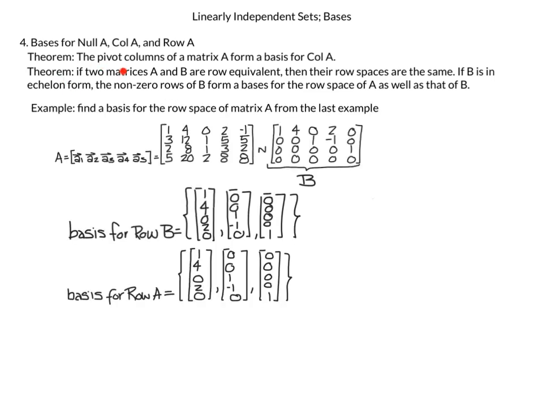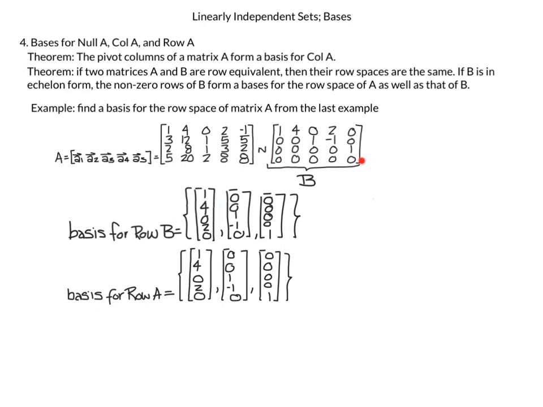Our example for this theorem here is find a basis for the row space of matrix A from the last example. So here's our matrix A. It was row equivalent to matrix B. So the basis for the row space of B is equal to the rows written as vectors. So the row vectors 1, 4, 0, 2, 0, and 0, 0, 1, negative 1, 0, and 0, 0, 0, 0, 1.